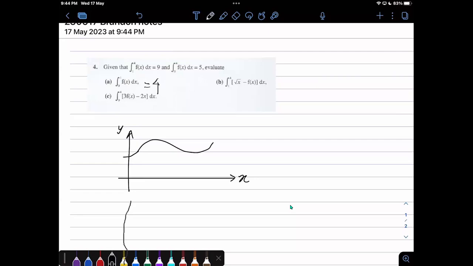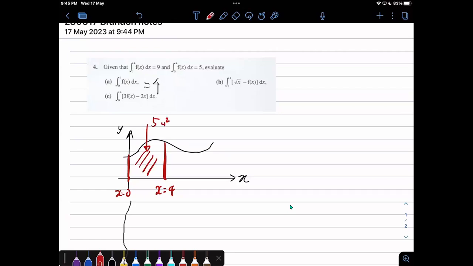Can you interpret, what's this? 0 to 1 equals 4. Is that right? Yes, correct. Very good. Here, the geometrical interpretation is like this. When you start from x equals 0 to x equals 4, you end up with an area that's equal to 5 unit square.